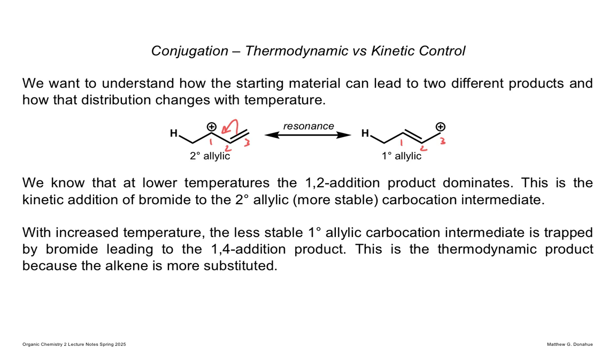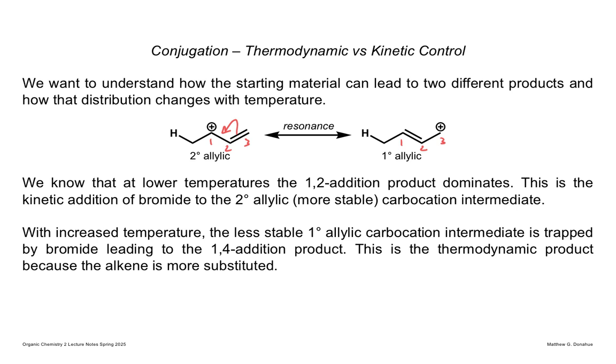So I want to point out that the numbering is relative. Resonance is always going to involve a 3-atom system, and you're moving either electrons as lone pairs or electrons in pi bonds. And in this case, we're conserving that plus charge from the secondary to the primary position.